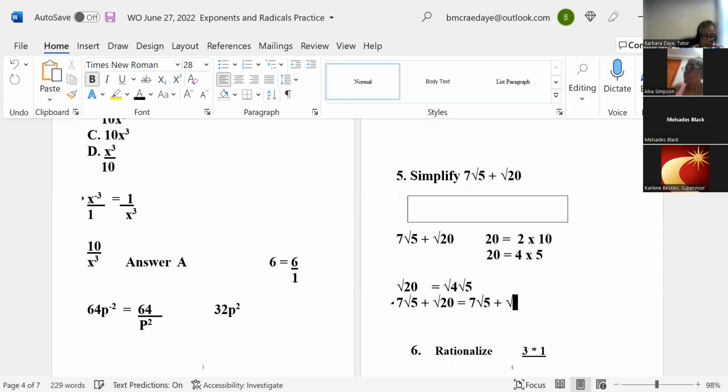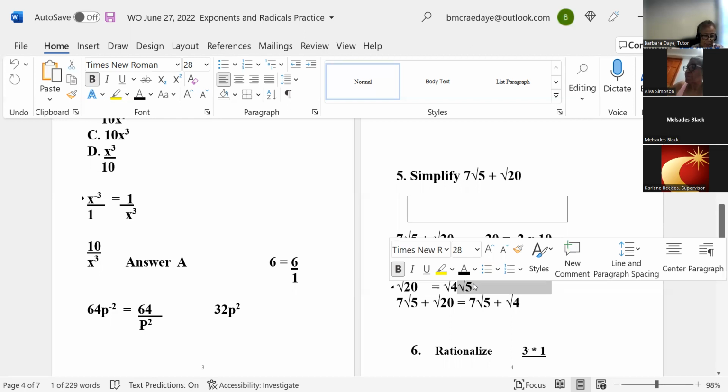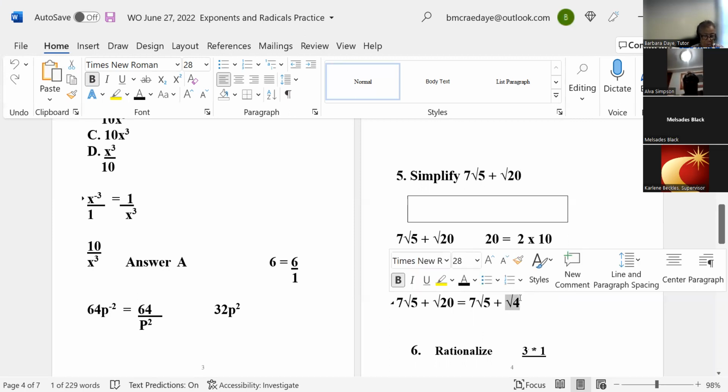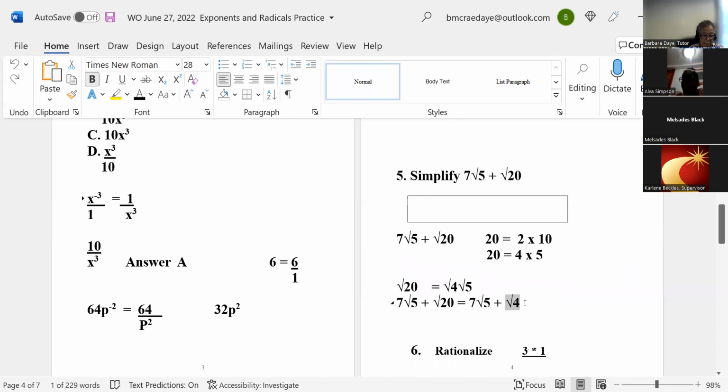So we put the square root of 4 because that will factor into a 2, and then we put our square root of 5 right next to it. Is that the answer? No, we haven't finished yet.